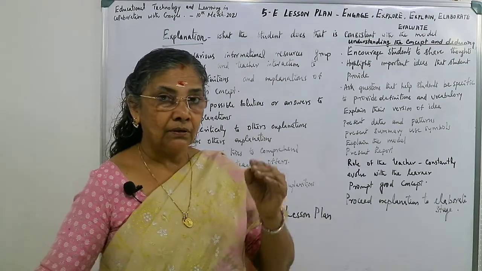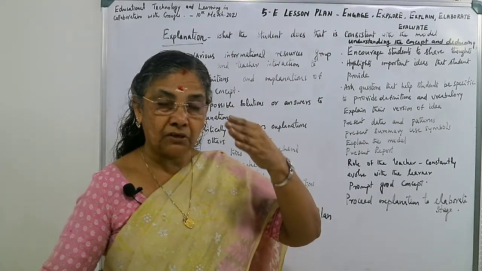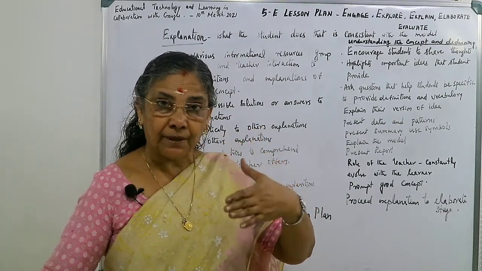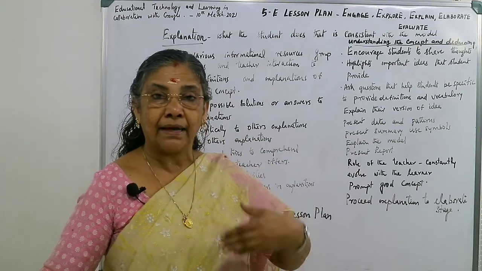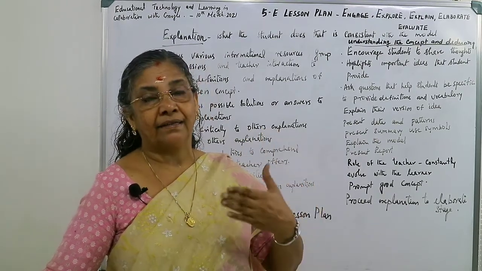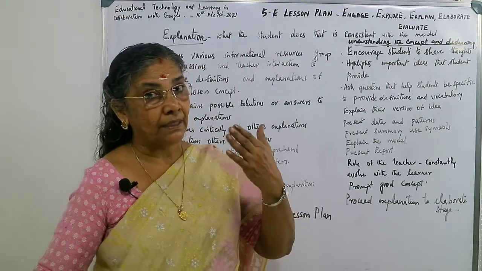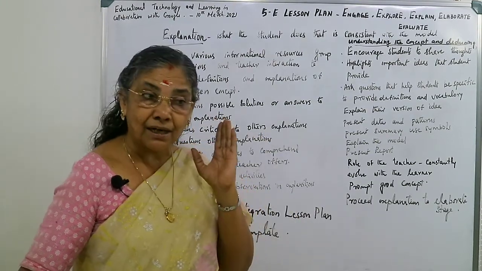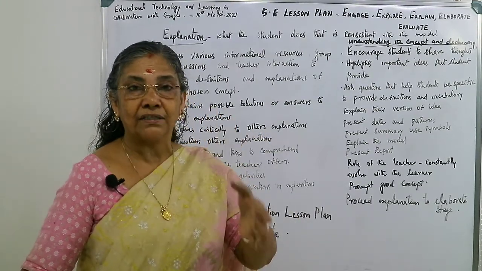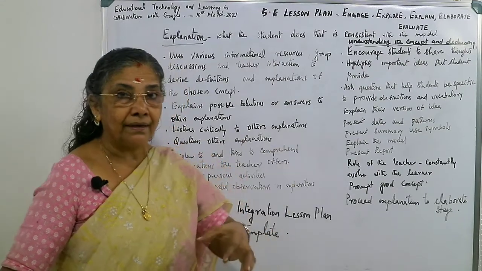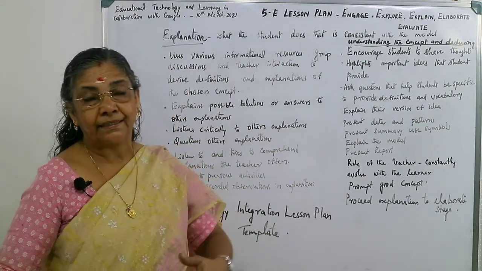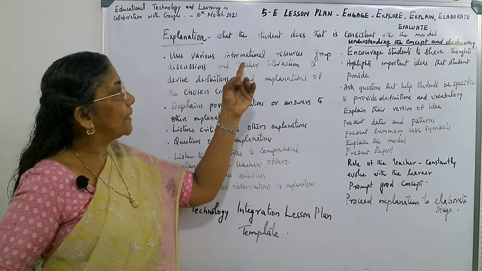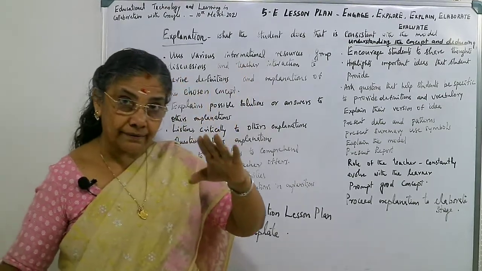So I told you first the engagement, and after exploration children started to do some activity, share their ideas, discuss about it, and the teacher is also listening to what the children are doing. From there they are moving to the next step, that is explanation. In this explanation also we can see the student's role.